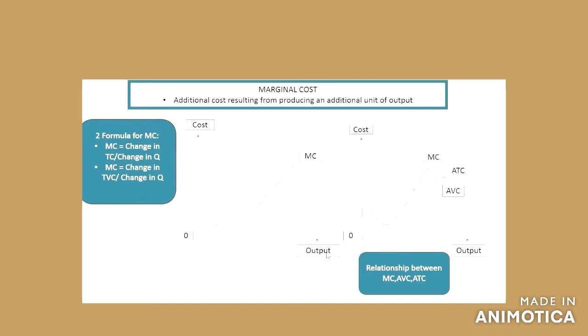So as output increases, the total variable cost also increases. So next, this is the relationship between average variable cost and average total cost. So this is the graph of that.